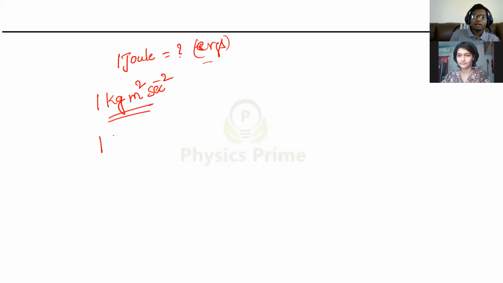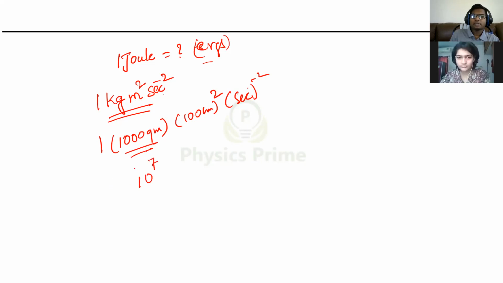So now what is kg? For the CGS system, 1 kg will become 1000 grams, 1 meter will become 100 centimeters, and second stays second. Now if I simplify, 1000 grams, 1000 into 100 square is 10 power 4, 10 cube, that means 10 power 7 gram centimeter square second inverse 2.